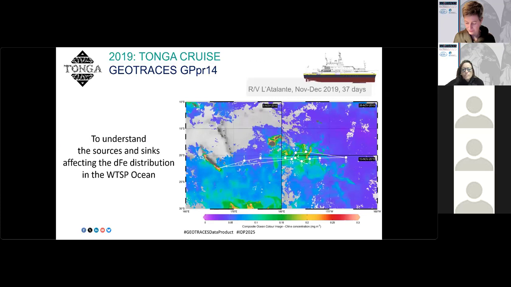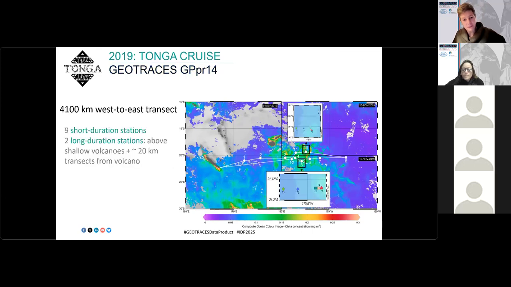So following this, in 2019, we conducted with Sophie Bonnet another campaign focusing on the bloom area. One of the objectives was to understand the sources and sinks affecting this iron distribution in the Western tropical South Pacific, and to link these patterns to biogeochemical activity and carbon export.